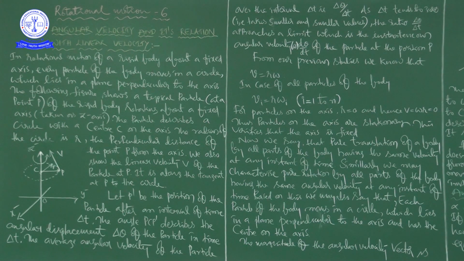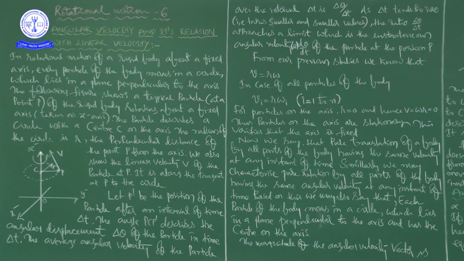So here P dash is the position of the particle after a certain interval of time delta t. The angle PCP dash is delta theta. It is the angular displacement delta theta of the particle in time delta t.